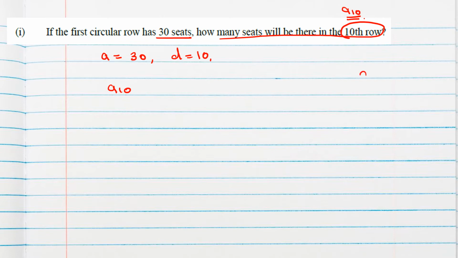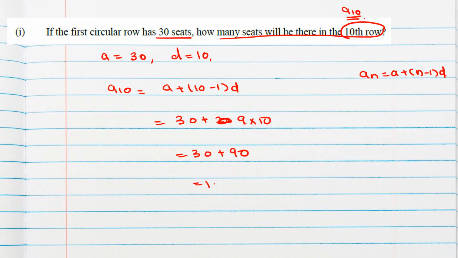We have the formula An = a + (n - 1)d, so we will use that. a + (10 - 1)d. a is given 30, 10 minus 1 is 9 and d is 10. So 30 plus 90, that means 120 seats will be there in the 10th row.